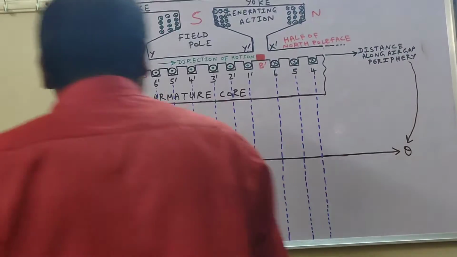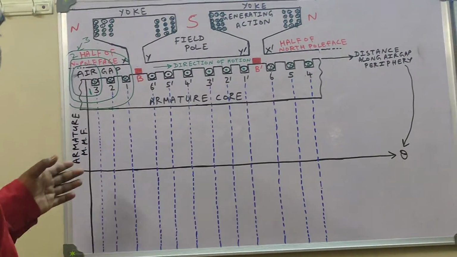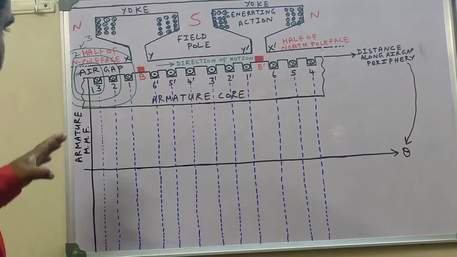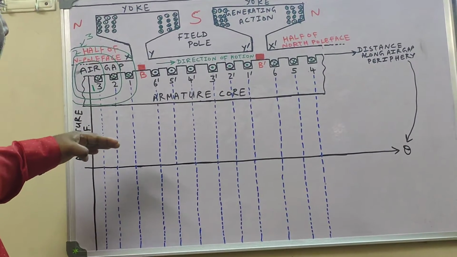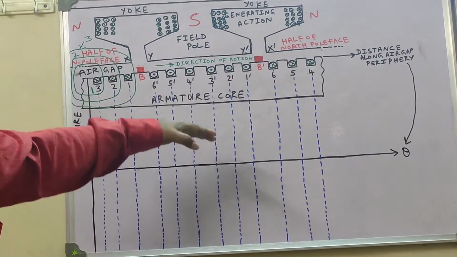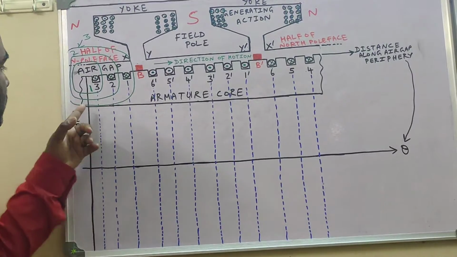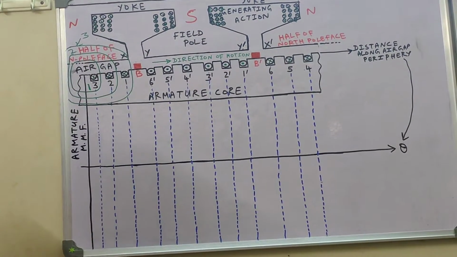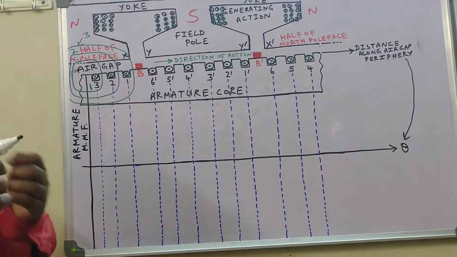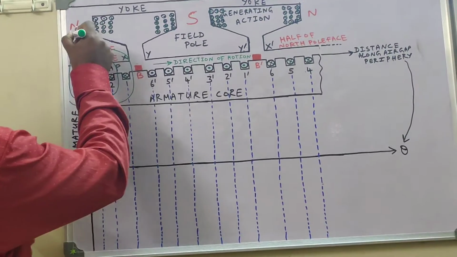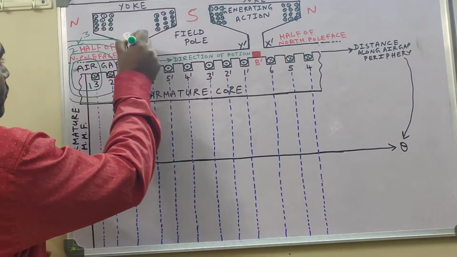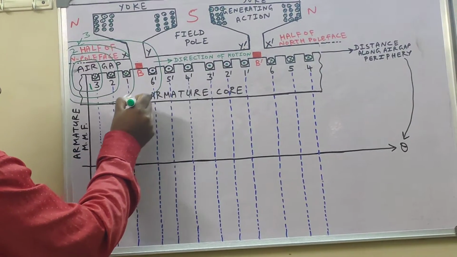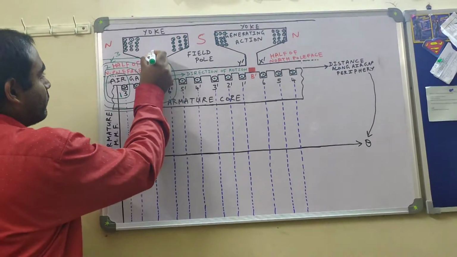For the time being, let us not give magnitude. Let us first find out the nature of variation of the armature MMF. So we will go on taking different paths 1, 2, 3. Now, a change is going to happen in path number 4. This is my path number 4.